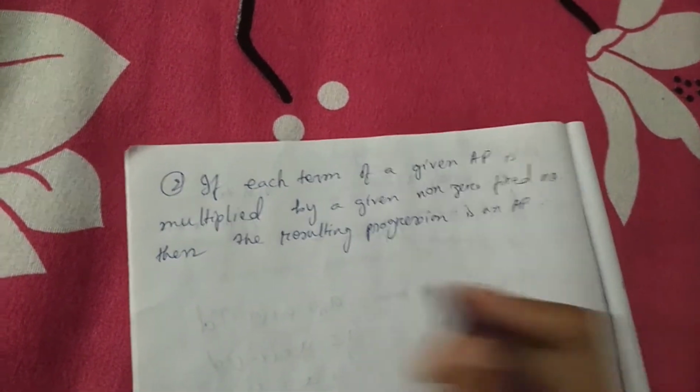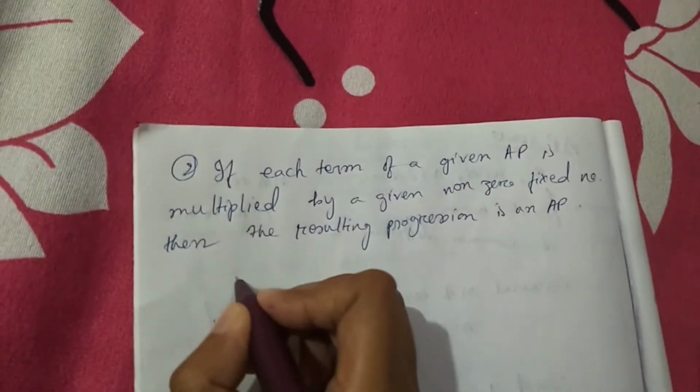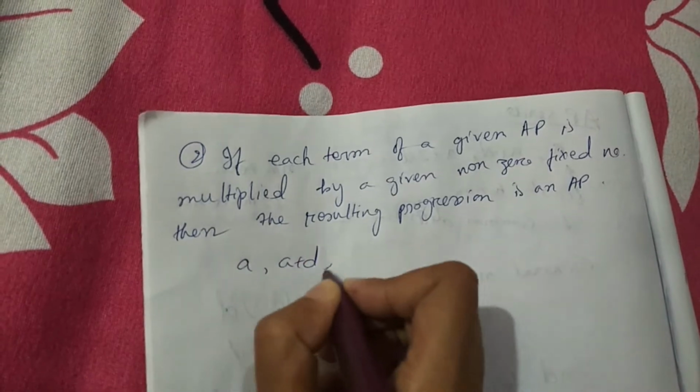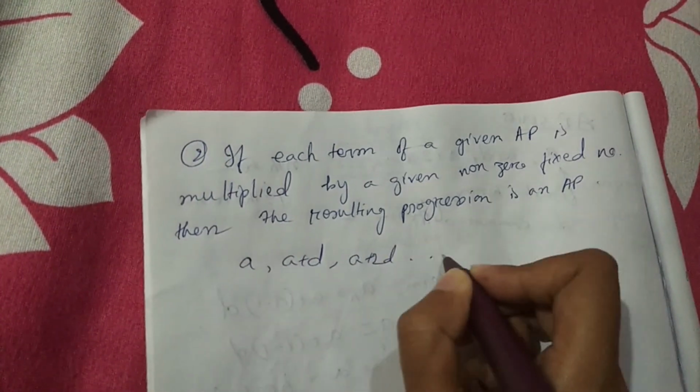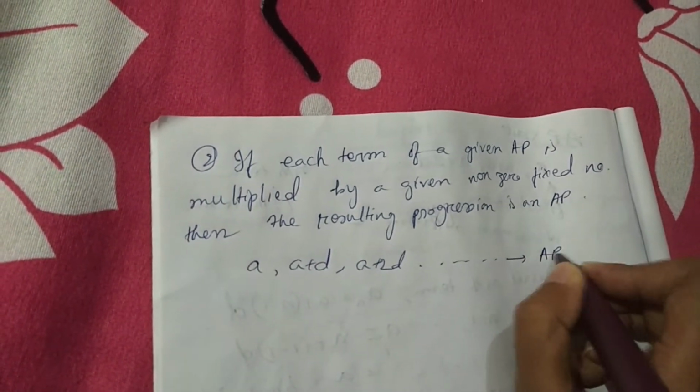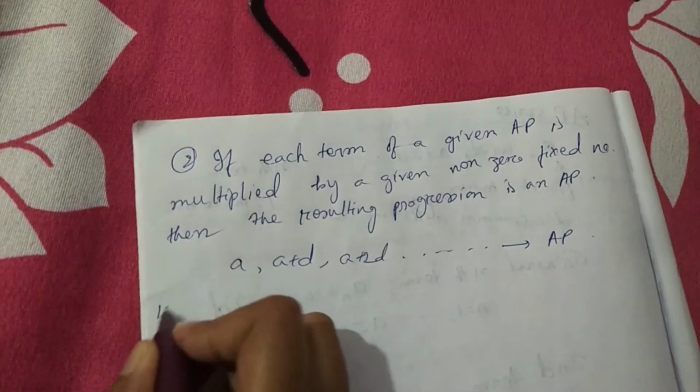Suppose a, a plus d, a plus 2d, like this was your initial AP series, and the constant non-zero number is k.